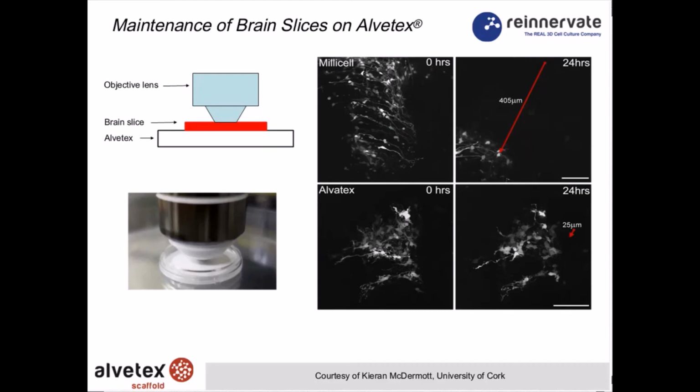So instead of putting the brain slice on top of the millicell semi-permeable membrane, we were able to use Alvetex, place the tissue on the surface, and the tissue does not move. It moves very, very little compared to what we see up here. So that's a distinct advantage. Plus, also, Alvetex is much more porous than a millicell insert, and that also is very good for the viability of the tissue.